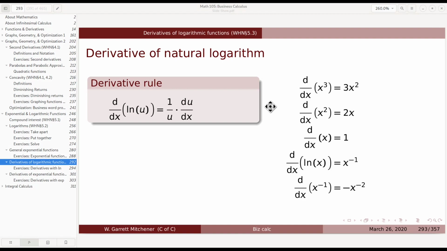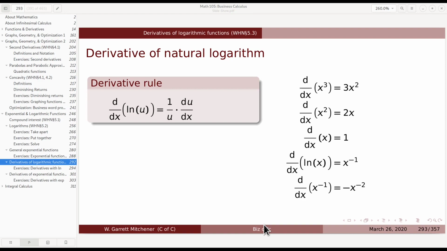I'm not going to be able to derive this in this class, at least not easily, so I will just have to tell you what it is, and you'll just have to trust me. The derivative of the natural logarithm is the reciprocal.